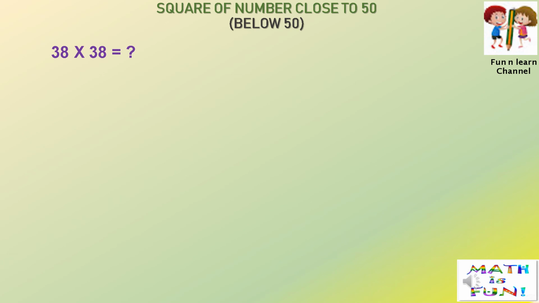So we will get 13, which will be the left side of the answer. And 12 into 12 is equal to 144, which will make our right side of the answer. But the answer has to be in 4 digits only. So we will add 13 blank blank with 0144. So we will get 1444, which will be our answer for 38 into 38.